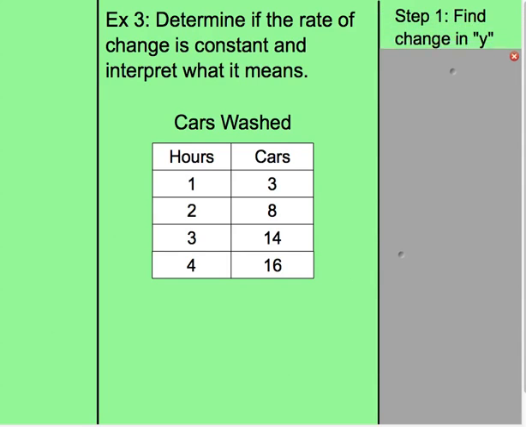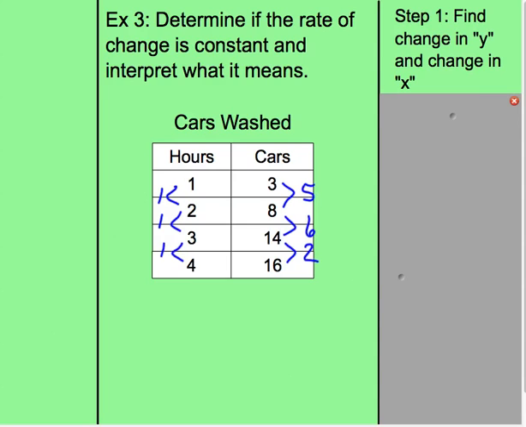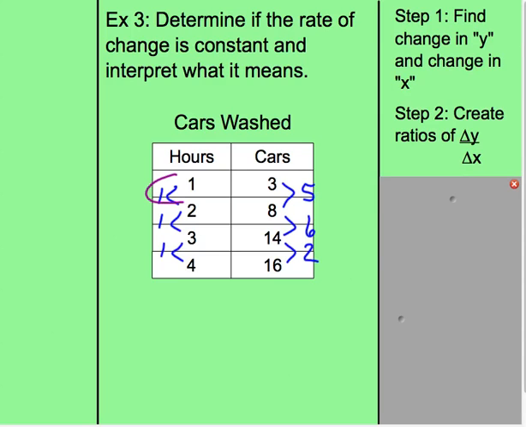One more time, looking at that change in y and the change in x, we've got plus 5, plus 6, and plus 2. My change in x is plus 1, plus 1, plus 1. So you can probably figure out already whether or not our relationship is linear, but let's go ahead and set up our rate of change just for practice.